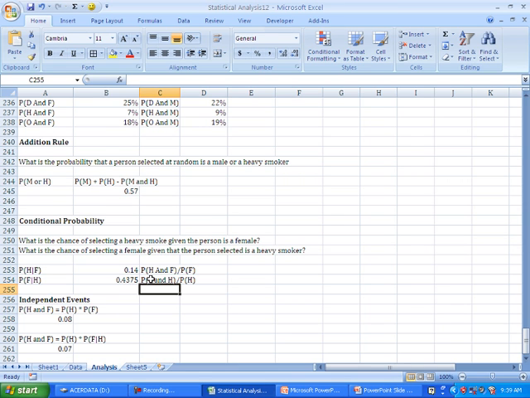So conditional probability is one more aspect which we need to be comfortable with, right?